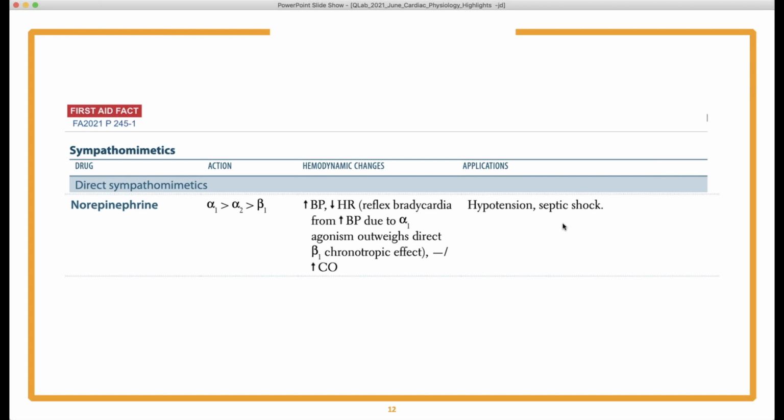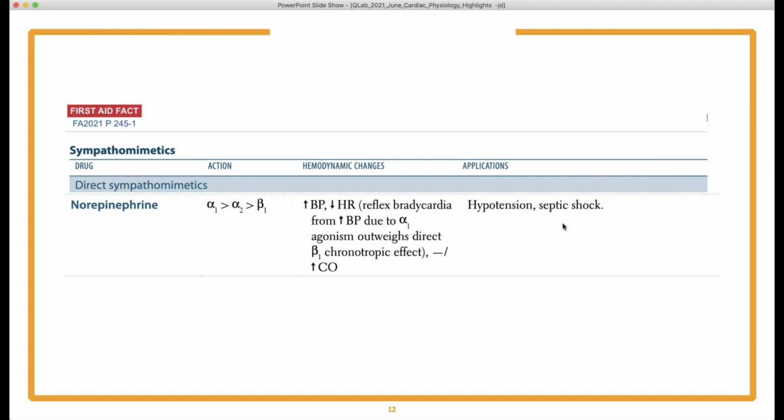This then leads to increased calcium influx into the cells, which causes myocyte contractility to increase, and you're increasing cardiac contractility and thus cardiac output, as you can see there at the very bottom of those hemodynamic changes, increased cardiac output.